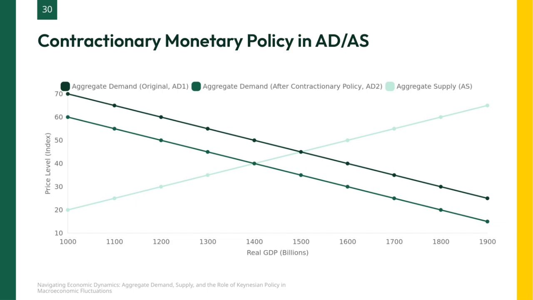As a result, for each level of real GDP, the price level drops from AD1 to AD2. Meanwhile, the aggregate supply curve remains unchanged, indicating that supply-side factors haven't been directly affected by the policy. Overall, this movement tends to lower the price level but also reduces real GDP, illustrating the trade-off policymakers face when using contractionary measures to control inflation.